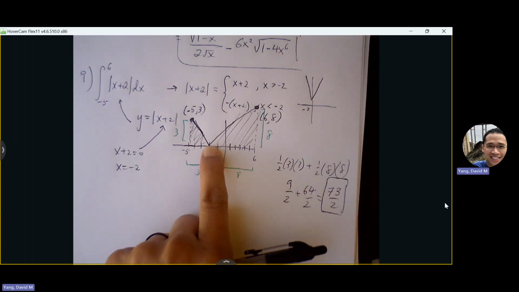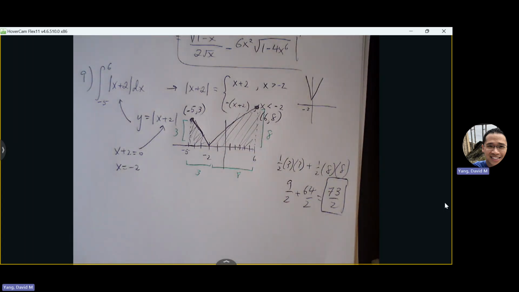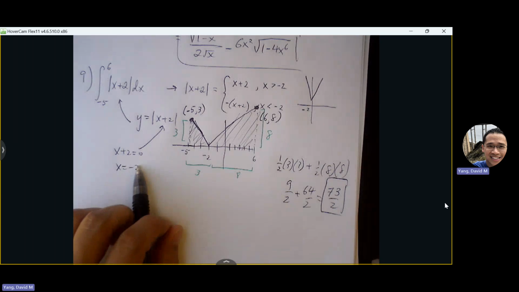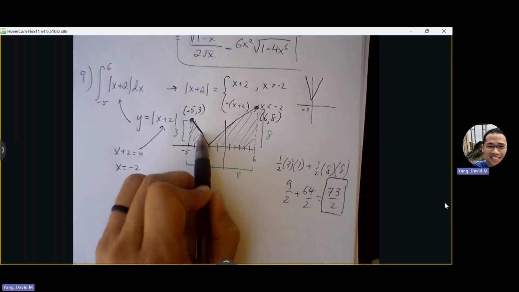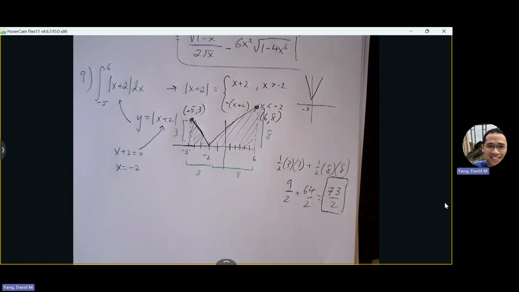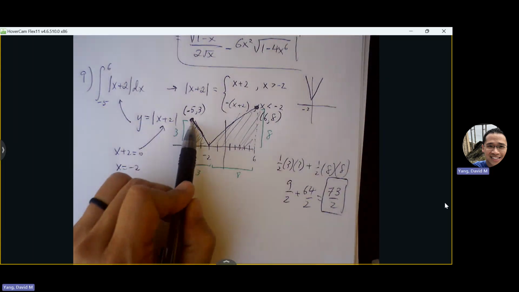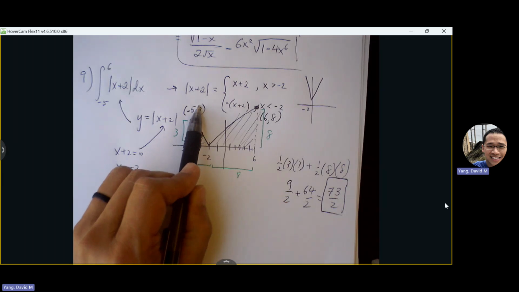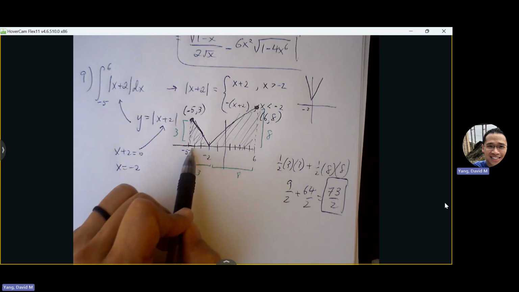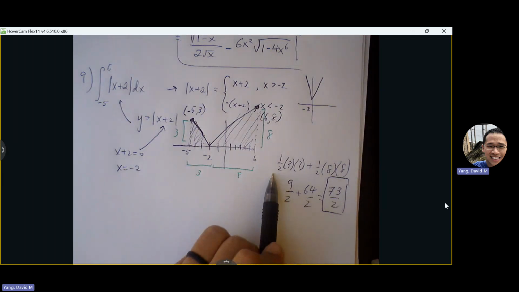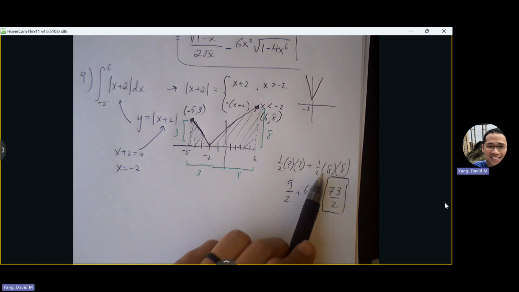Once I know my vertex, I'm always drawing my graph in the V shape with that being the vertex. So negative 2 is here, and I'm just extending the graph in both directions. Then for the endpoints, I can plug into the original function to get the y value. If I get the y value, I have the height, and I can count to get the width. And I do 1/2 width times height, 1/2 base times height.